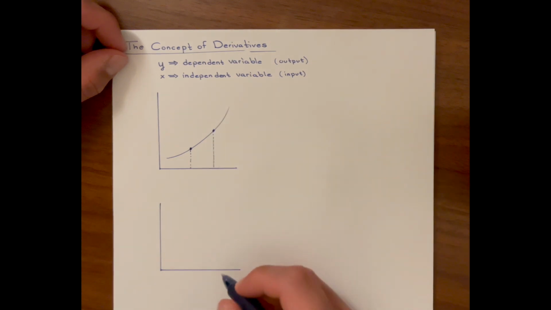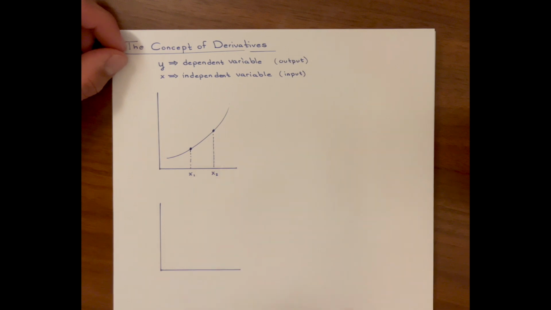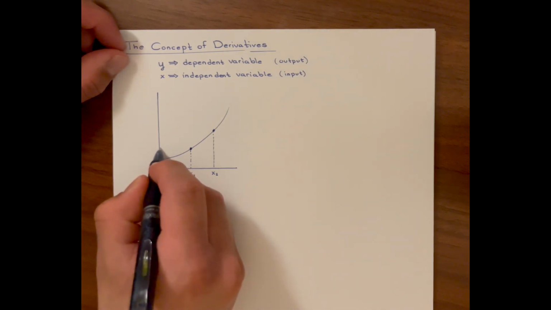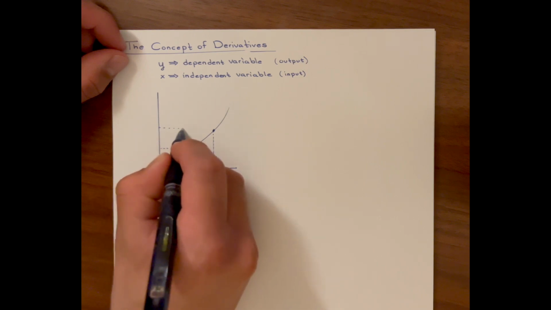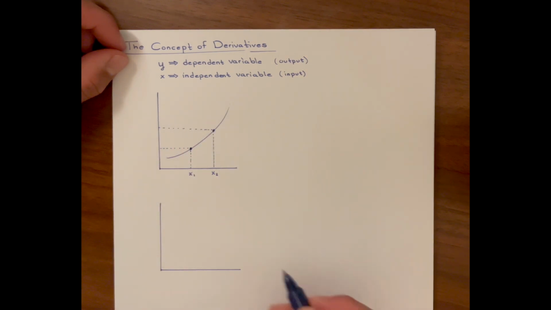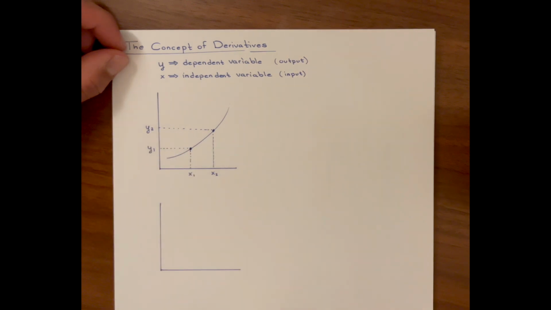So we'll call this x1, and we'll call this x2. So these are our inputs. If we put in x1, let's say we get out y1, and x2 for y2. I don't know what they are exactly, but we want to stay general so we can derive something here.